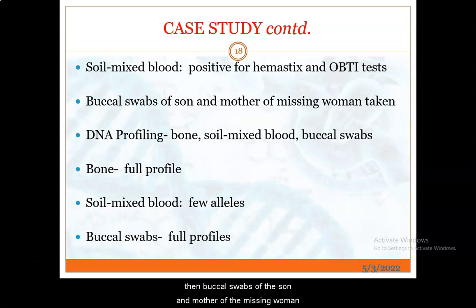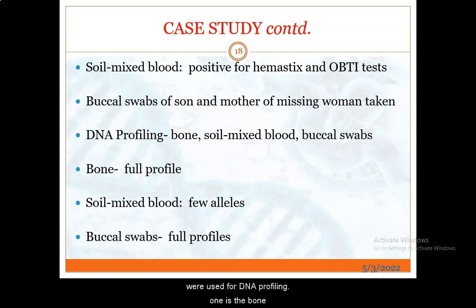Then buccal swabs of the son and mother of the missing woman were taken. So samples were taken from both the son and the mother of this missing woman. So three samples were used for DNA profile.